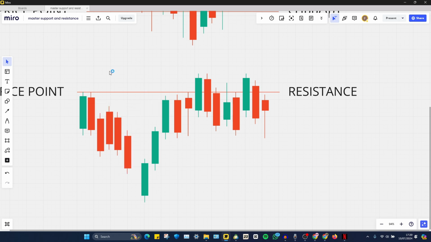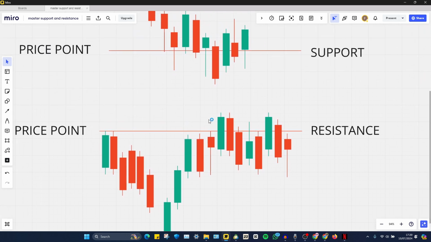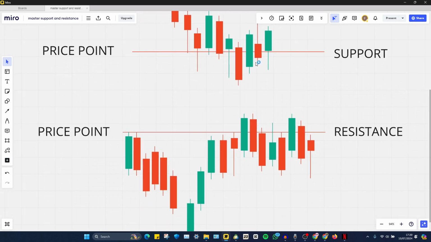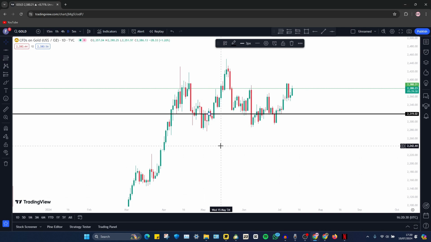There are times it behaves like this, where it forms resistance and just has two taps and comes down. So actually the idea is we are just trying to find out where it has this cushion, where it finds its resistance, and where it finds its support on the charts. That's basically what we are doing.